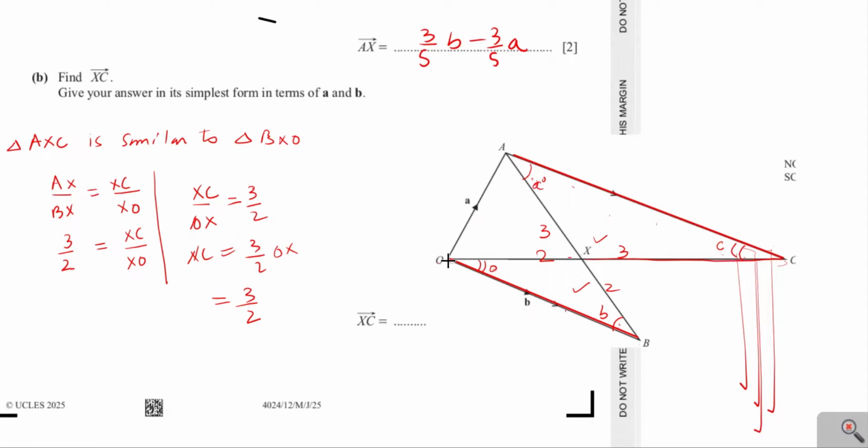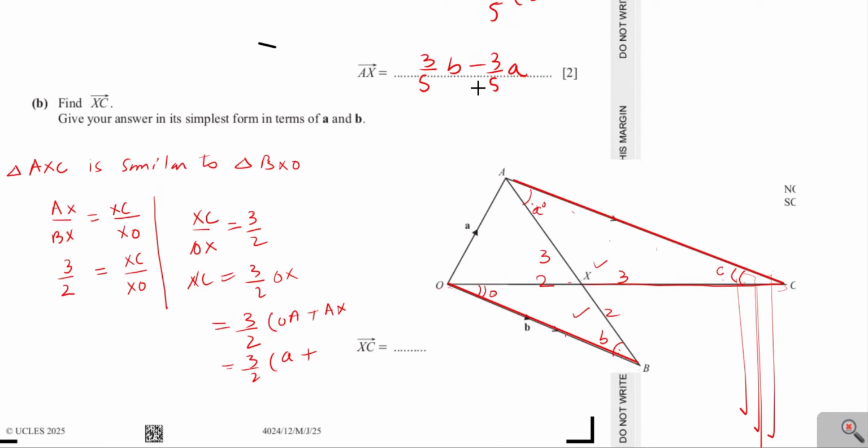to OA plus AX. Here OA is small a, and AX here is 3 over 5 b minus 3 over 5 a.